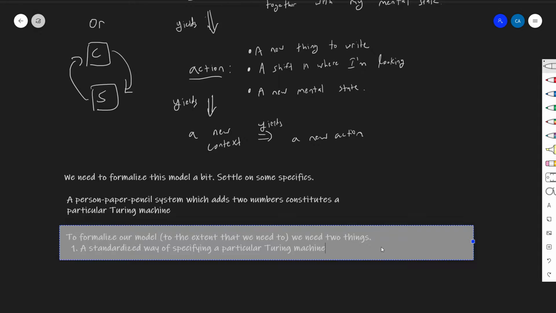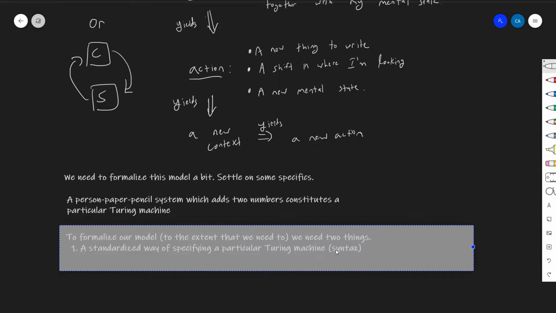I want to standardize the way that I give you something. What do I need to hand you in order for you to have a particular one of these person, paper, pencil systems that does something? I need a standardized way of handing you a complete description of one. And so that's going to be syntax. We need to standardize the syntax for a Turing machine.